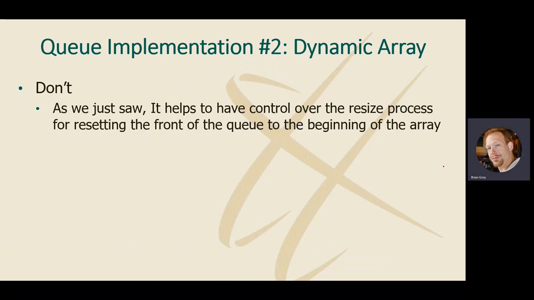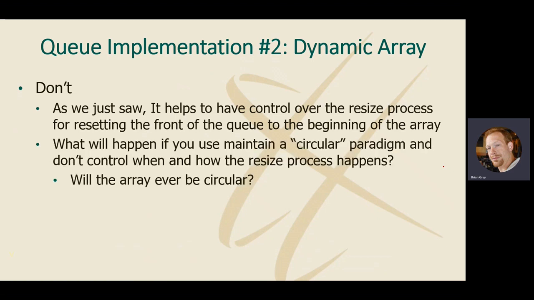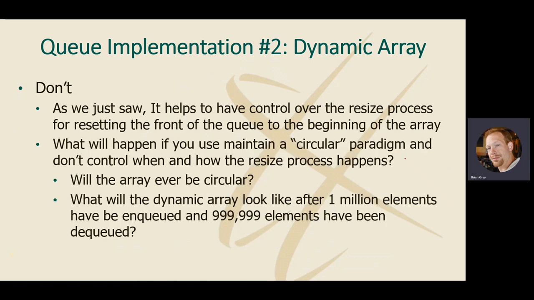If we don't do that, if we try to use a circular paradigm while we're appending, what's going to happen? Imagine we have this algorithm. We're going to enqueue something, and then we're going to get into a rhythm where we repeat enqueue, dequeue, enqueue, dequeue.